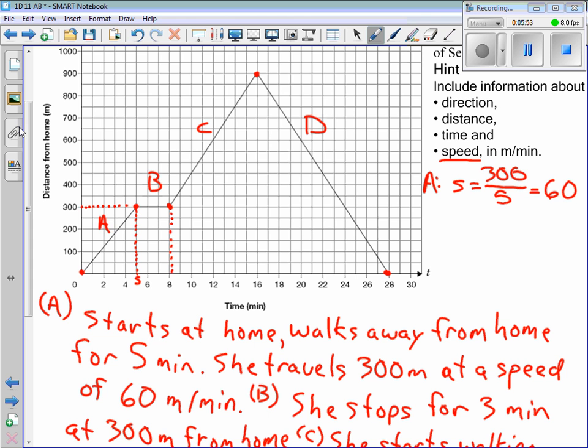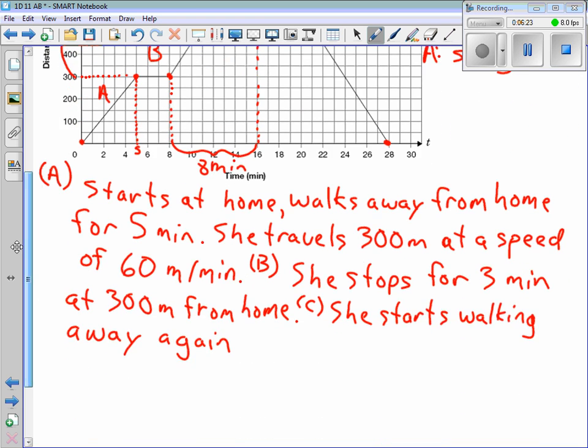The ending part is at 16 minutes, so this whole section lasts 8 minutes. And how far does she go? She ends up at 900. She started at 300 in this section, so she's traveled 600 meters. So she starts walking away again, and she walks 600 meters in 8 minutes.